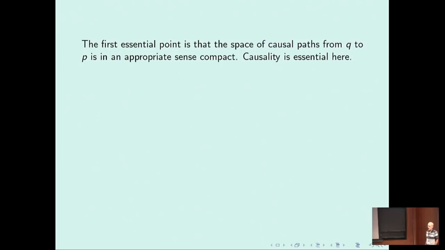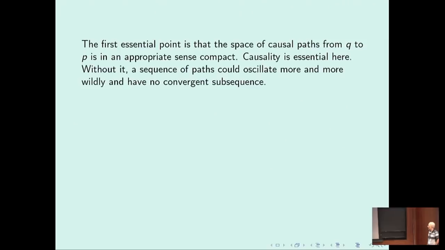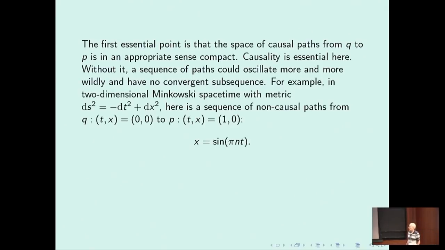Now here causality is completely essential. If we dropped causality, we would not have any compactness. Without it, a sequence of paths could oscillate more and more wildly and have no convergent subsequence. So for example, in 2-dimensional Minkowski space, here's a sequence of non-causal paths that go from the origin to the point (1, 0).